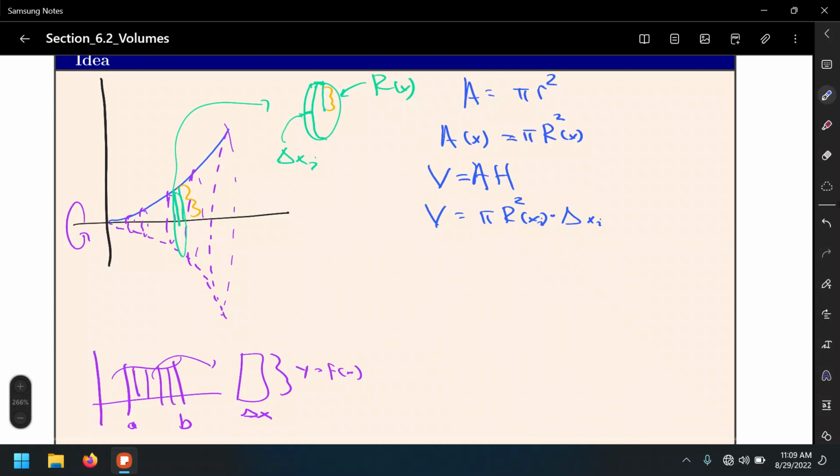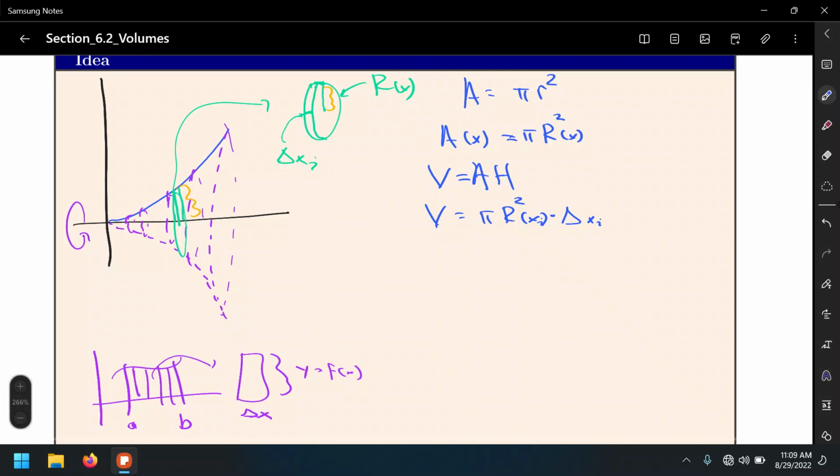Okay, so from here we want to find the volume from here to here, for example, whatever limits in this case. So we would get that by adding the volume of every single disk that we partition in the region.